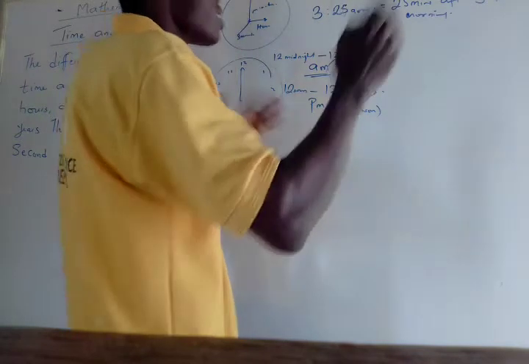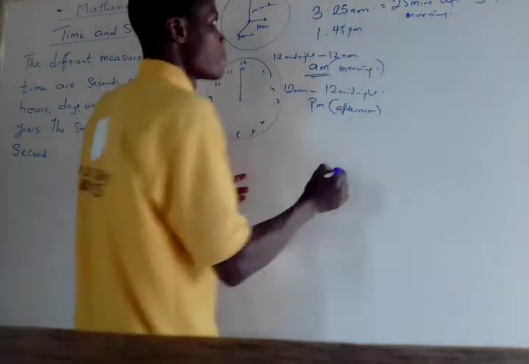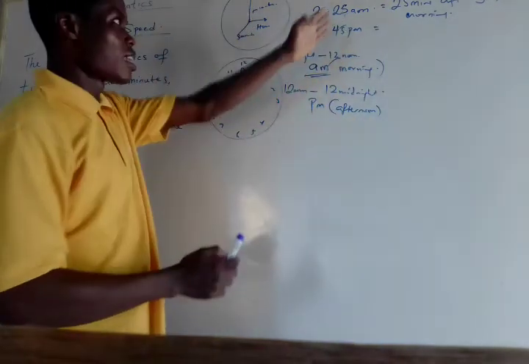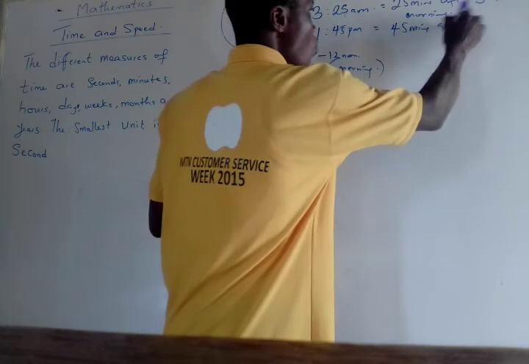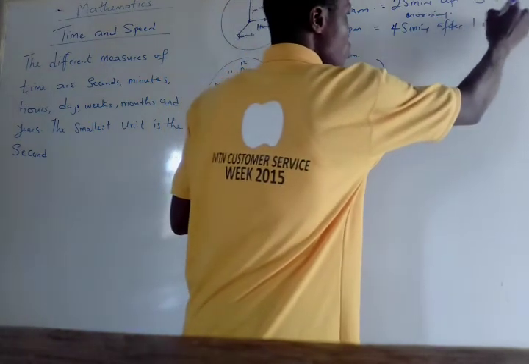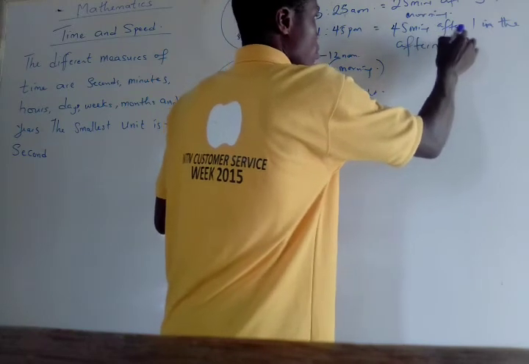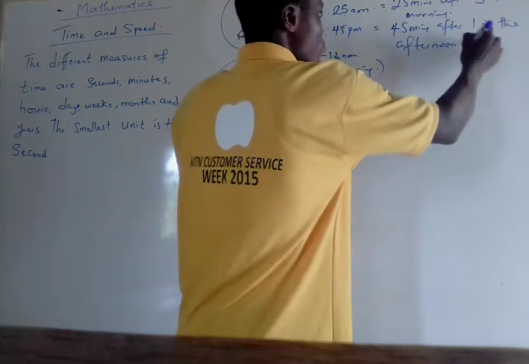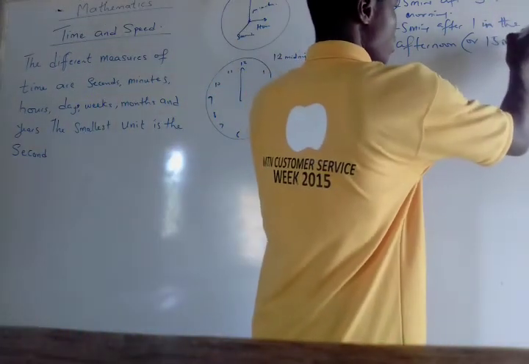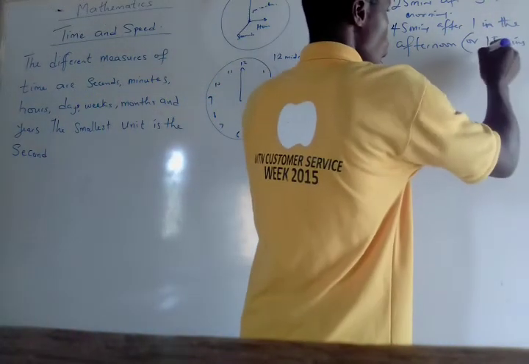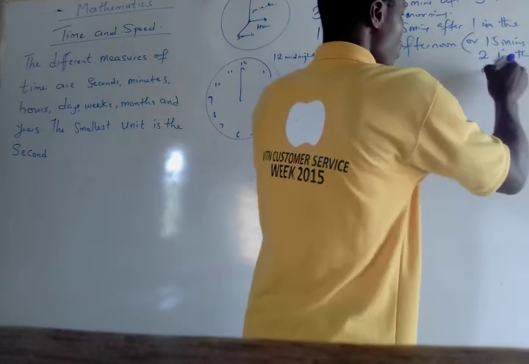Whereas if I say 1:45 p.m., what I'm saying in this case is 45 minutes after 1 in the afternoon, or I can say it's 15 minutes to 2 in the afternoon.